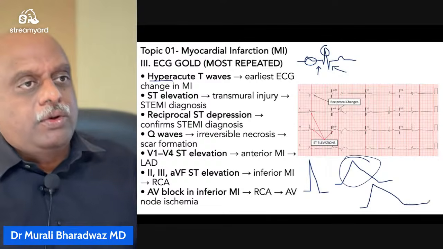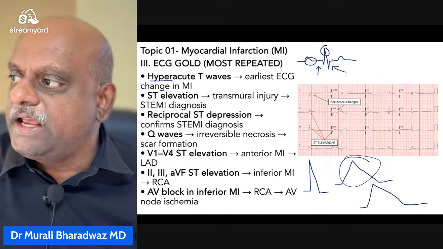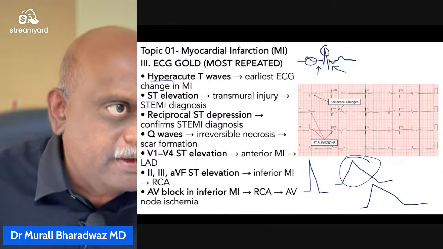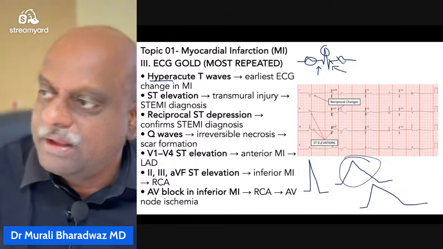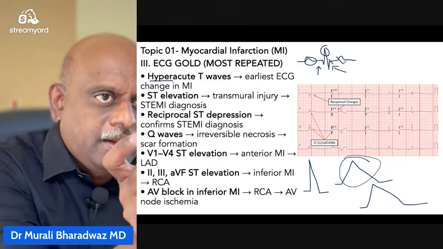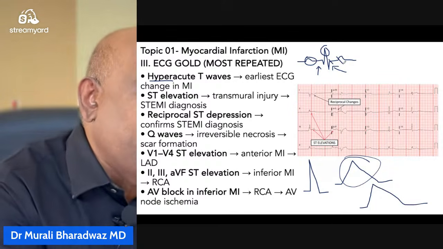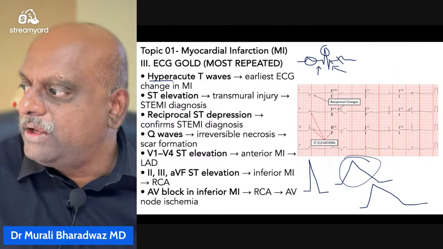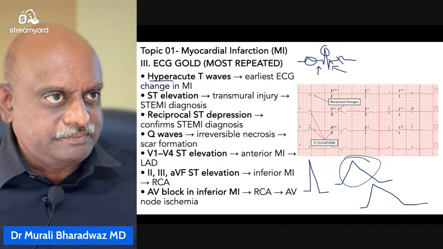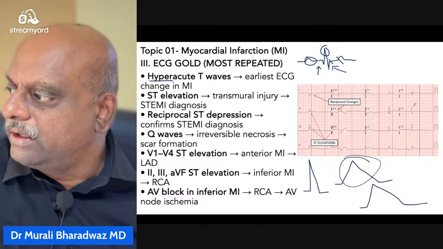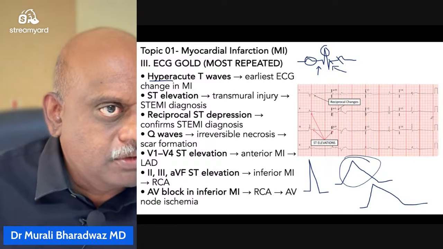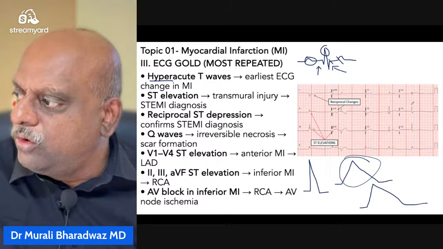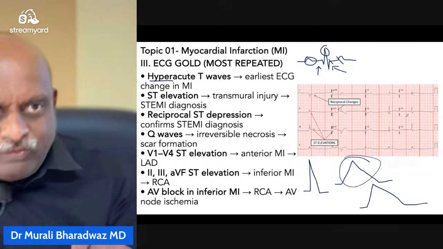Second, after hyperacute T waves, what will happen? ST segment. The end of the S wave to the start of the T wave is called a segment. This isoelectric line is called a segment, and you are having a wave. So what is the meaning of interval? In an interval, you include one wave plus one segment.